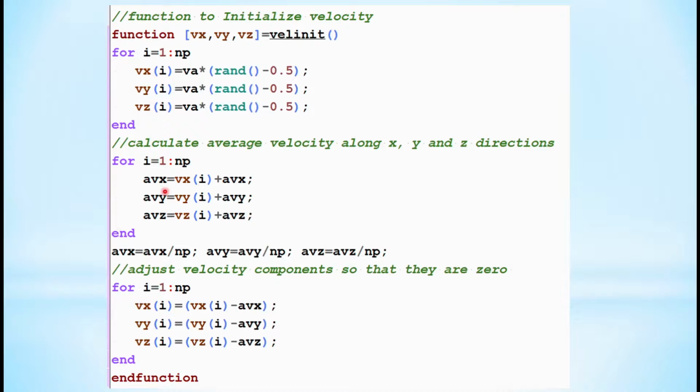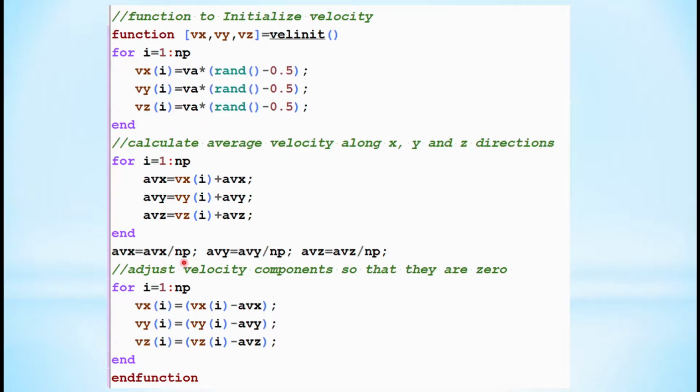Avx is the average velocity of particles along x-axis. So it is Vxi plus Avx. Initial value of Avx we will set to 0. Similarly, Avy and Avz, initial values of Avy and Avz will also be set to 0. When we set the constant, there we will set Avx, Avy and Avz as 0.